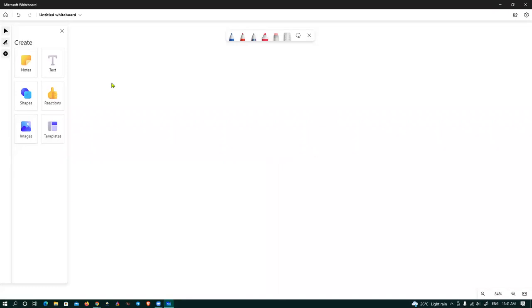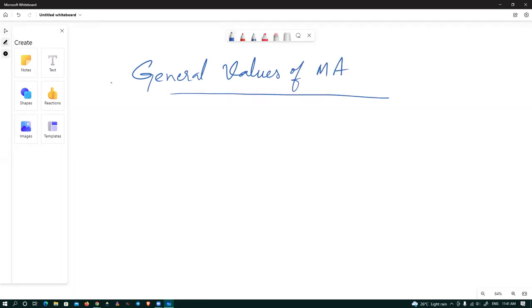Now, what are the general values we are using? Moving average. We are using moving averages to understand the average value, average price, which is trading in a specific number of days.